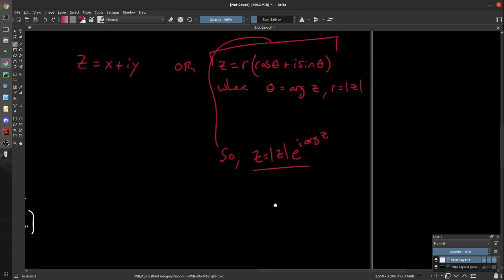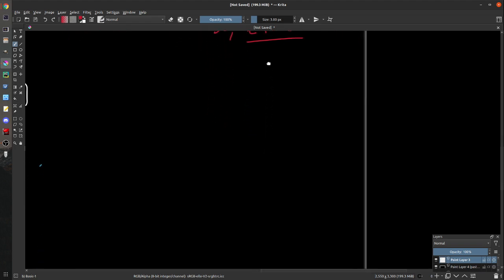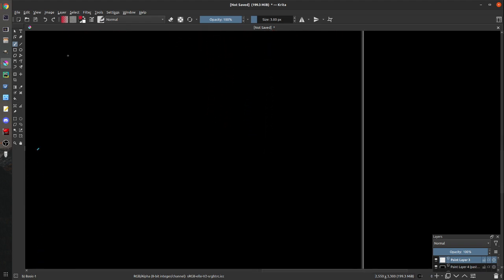Now, one thing that is going to be useful to us is the rest of the trig functions. So we have e to the x plus iy given by e to the x cosine y plus i sine y. All right, fair enough. Now, what about sines and cosines?